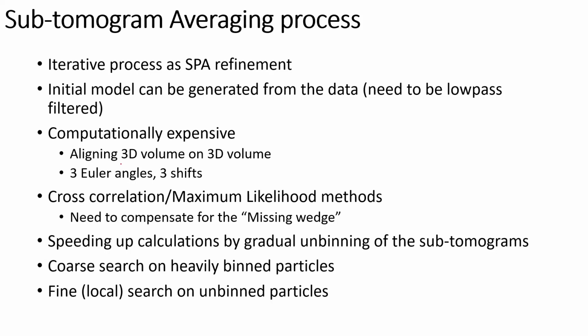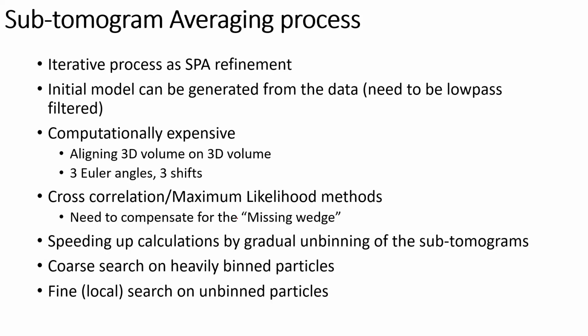For this, nowadays, there are established softwares for cross-correlation based methods and maximum likelihood methods. I have to say that so far the maximum likelihood methods are not that well established as for the SPA, but they are making big leaps. We will see in the future how they will produce better results than the correlation ones.